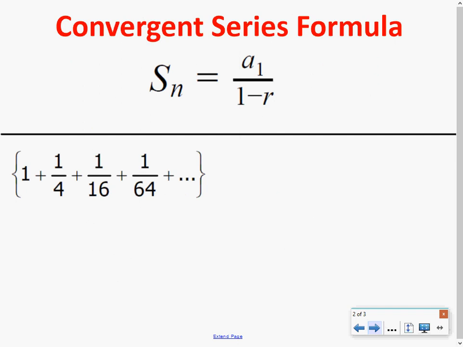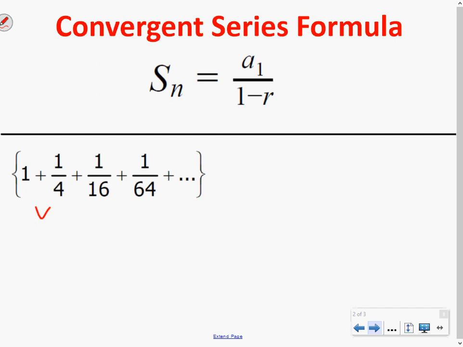Now let's say we have an infinite geometric series, and we find that it is convergent, meaning it approaches a specific value. That means that we can use this formula that you see to actually calculate the value that it's approaching. So first thing that you need to check is, do I actually have a convergent series? And to tell, remember, you are looking to see if your ratio is less than 1.